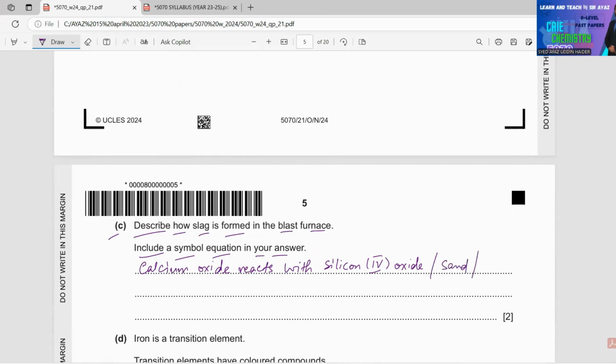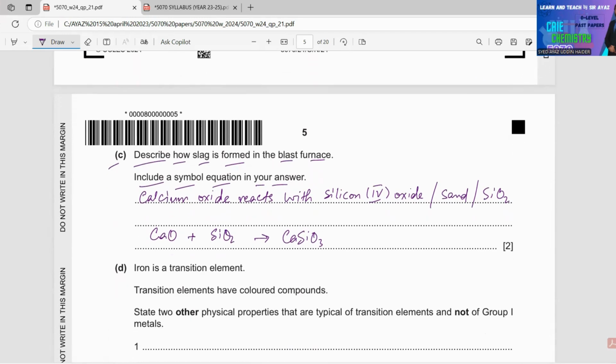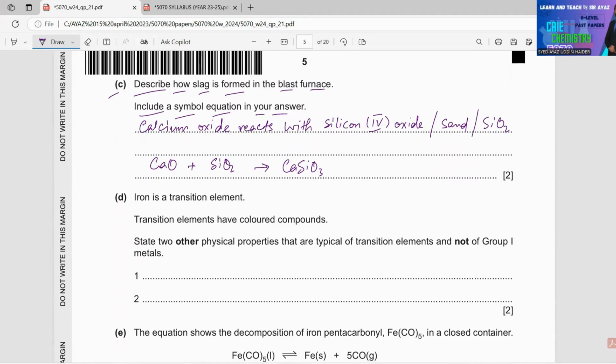You can even write the formula, which is SiO2. Now, the reaction equation is CaO plus SiO2. The product obtained is calcium silicate, which is CaSiO3.